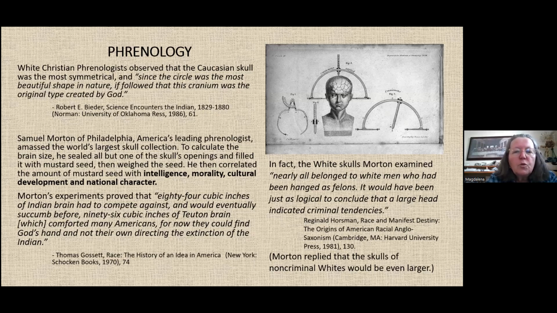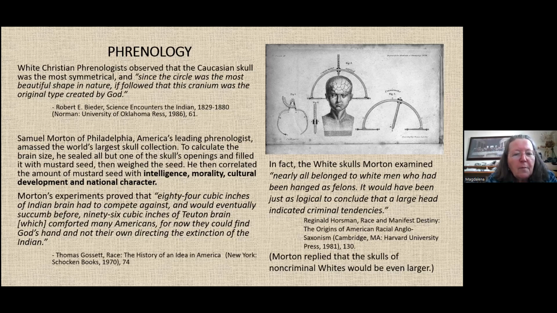And what he did is to calculate the brain size. He sealed all but one of the skull's openings and then filled it with mustard seeds. And then he weighed the seed. And then he correlated the amount of mustard seed with intelligence, morality, cultural development, and national character.